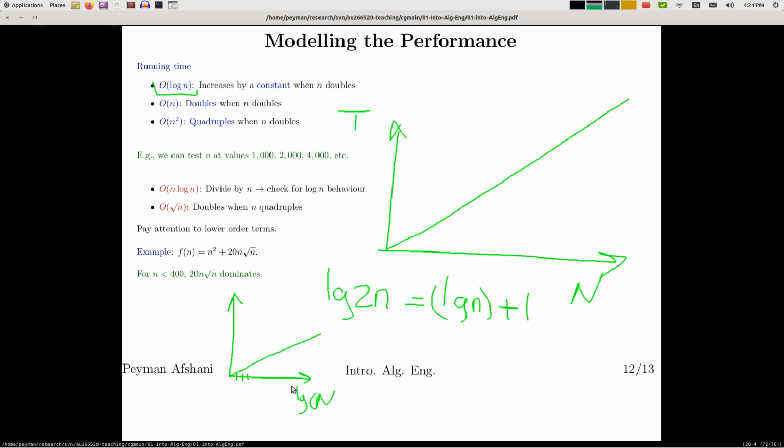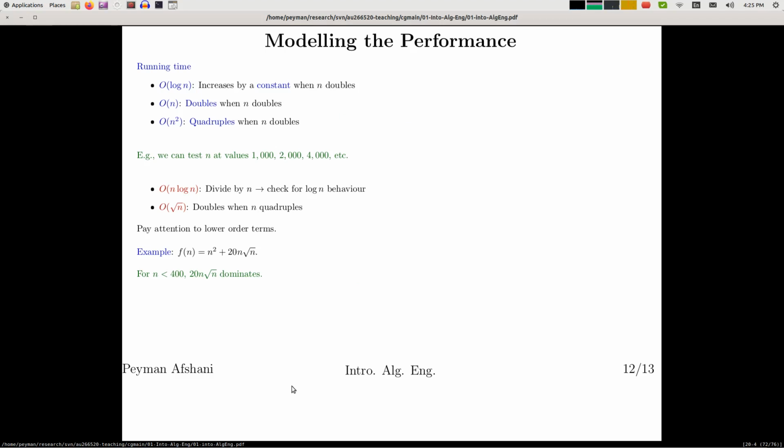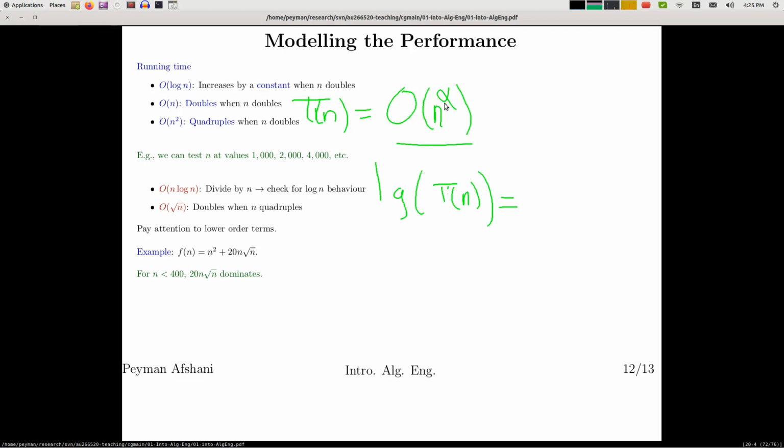Okay. And then there are similar tricks if you suspect your algorithm runs in a particular running time. So for example, if you suspect it runs in, say, n to the alpha, if you think that this is the model for your running time, then what you can do is take the log of this. So this is, let's say, T of n, which is the running time of your code. When you take a log of both sides, then log of T of n equals, by the law of the log, alpha times log n plus some constant.